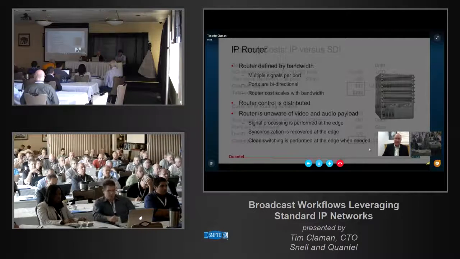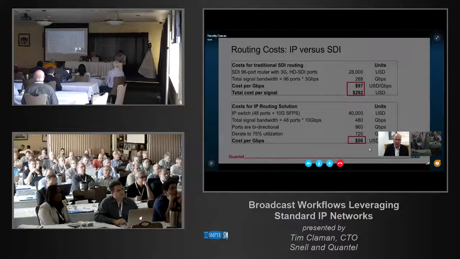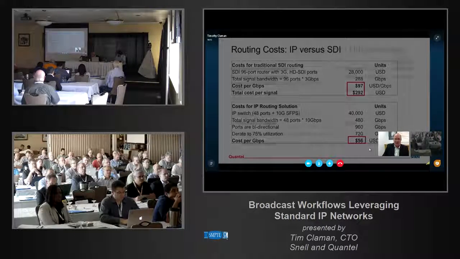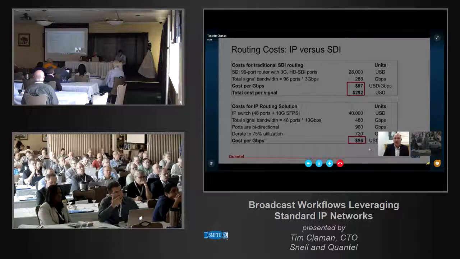We have done some high-level cost comparisons that I'd like to share with you. You could do these yourself, but in any case, when you buy a broadcast-capable SDI router, the cost per signal or port, think of it as roughly $300. Could be a little more, could be a little less. But to compare it to an IP switch, you need to calculate the cost per unit bandwidth, which would be roughly $100 per megabit per second.